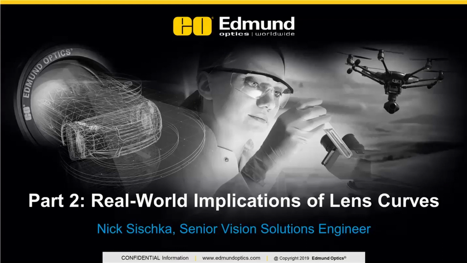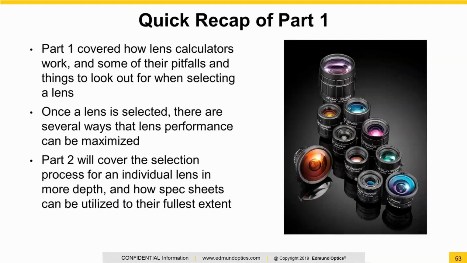We are going to do a very quick recap of what we went over in part one just to get us all on the same page, make sure we're all talking about the same verbiage. Part one really covered the practical implications of choosing a machine vision lens. We went over how to use an imaging calculator to get you started and get along the right track for what type of lens you should be using for any given application.